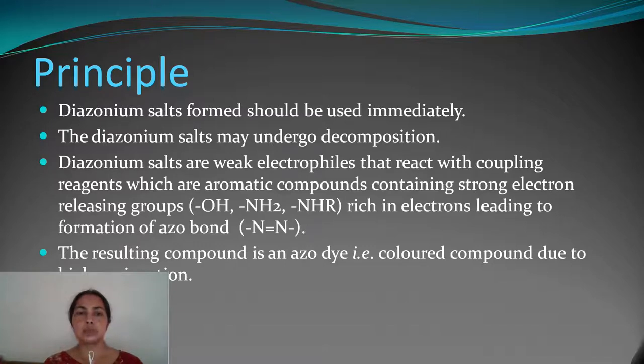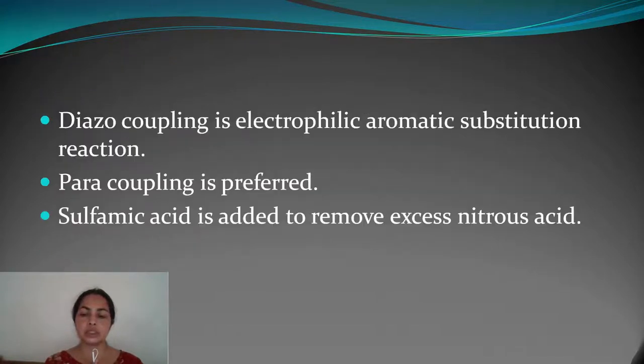Secondly, diazonium salts are weak electrophiles that react with coupling reagents, which are aromatic compounds containing strong electron releasing groups, and they are rich in electrons, leading to formation of an azo bond, and these colored compounds have a highly conjugated nature. In this type of reaction generally para coupling is preferred, and later on sulfamic acid is added to remove the excess nitrous acid which was used during the experiment.